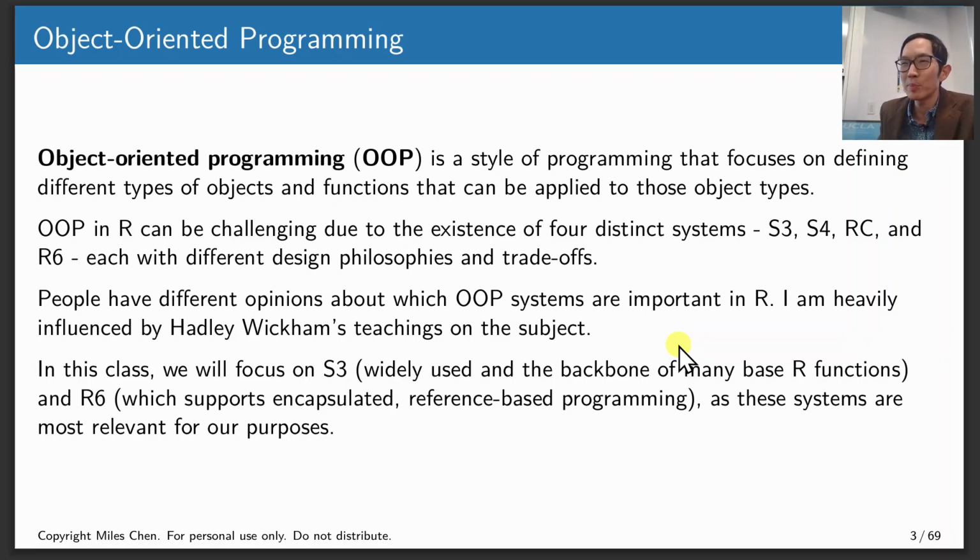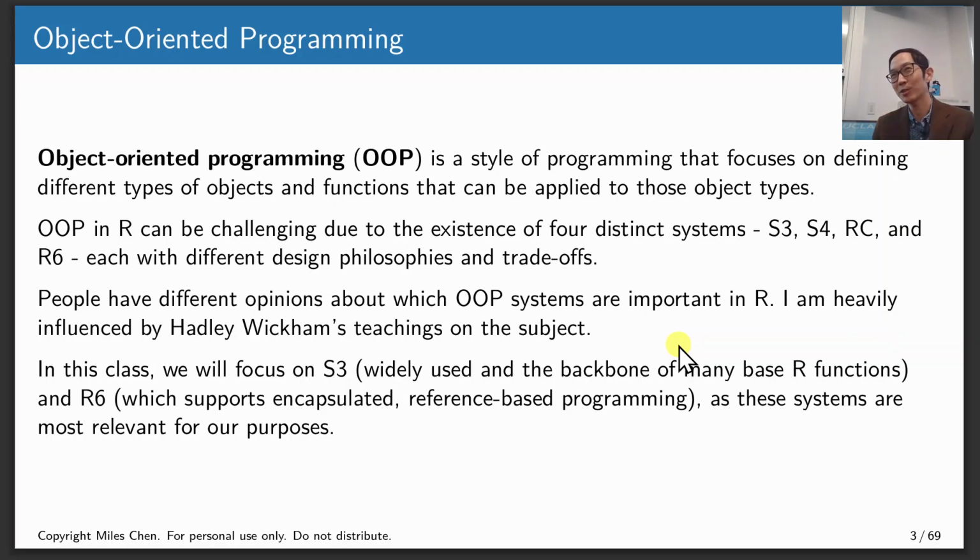If you took C++, they probably covered object-oriented programming. And in Python, at least if you took Python with me, I covered object-oriented programming. We also have object-oriented programming in R, except R's object-oriented programming system is weird, okay?